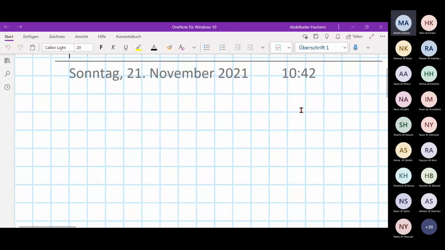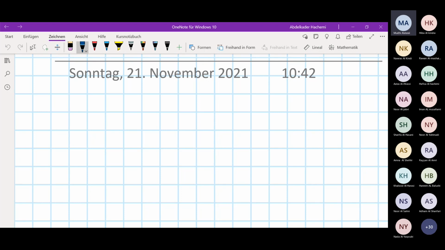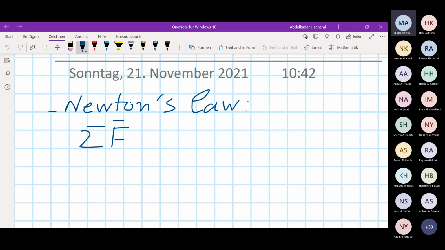Okay, then for Newton's law, we have the sum of the different forces in the n direction equal to the mass multiplied by a, the acceleration in the n direction.